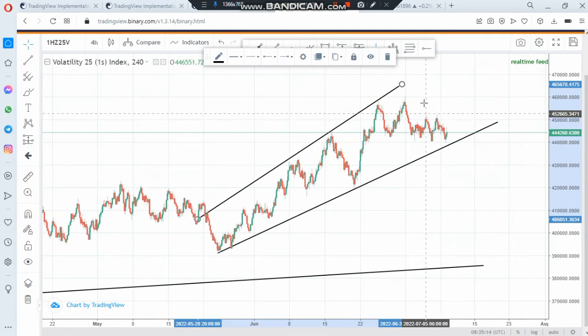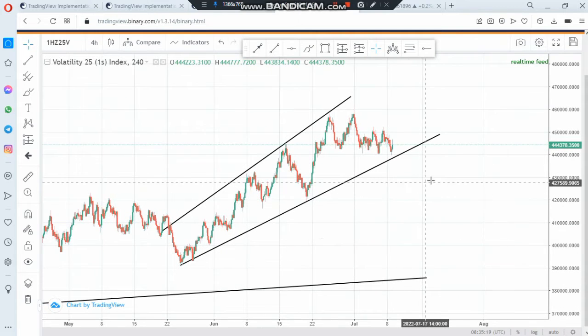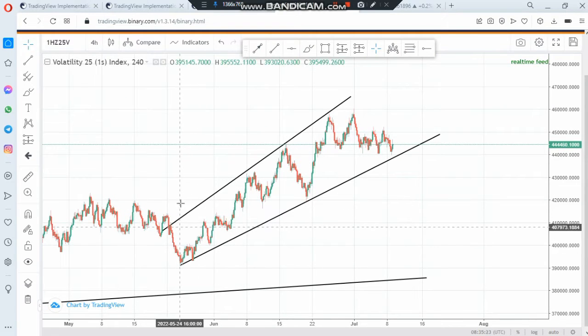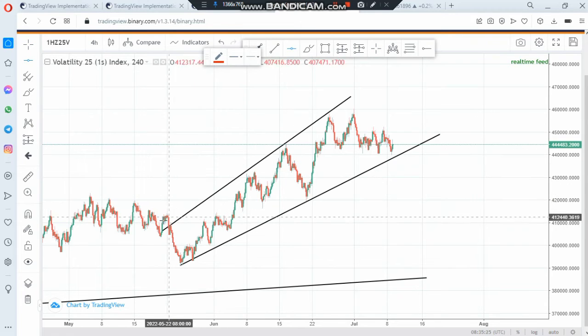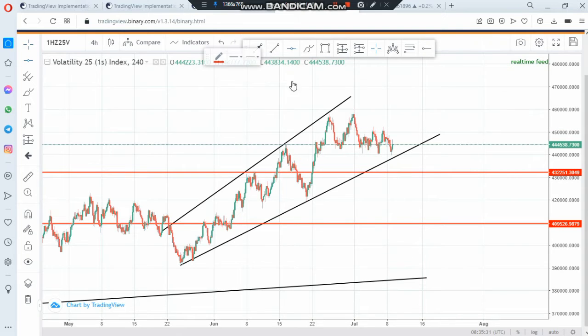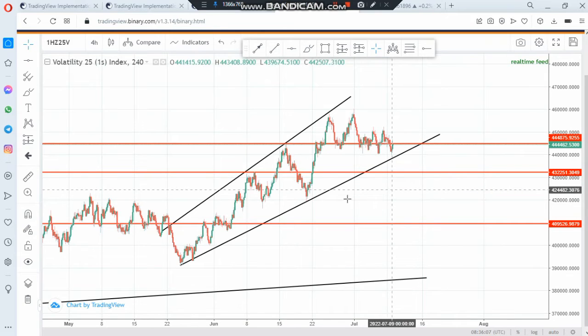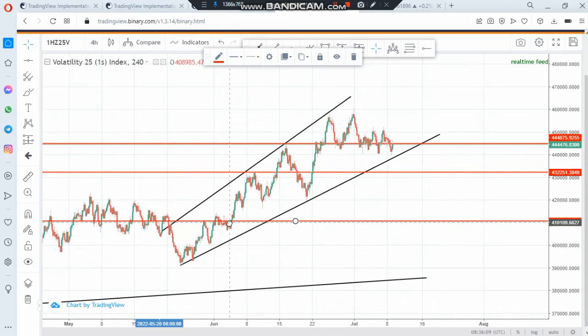Okay, so this is how I draw my lines. After drawing these lines, what do I do? I mark these areas, and this area, and this area. So these are the areas that I have here.